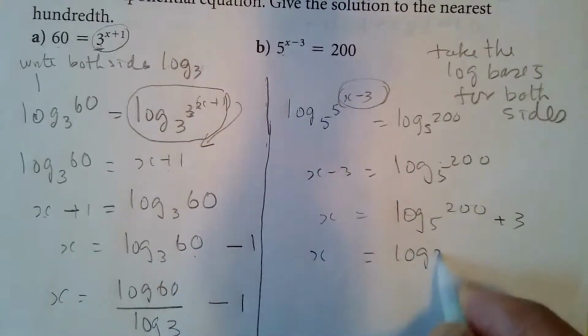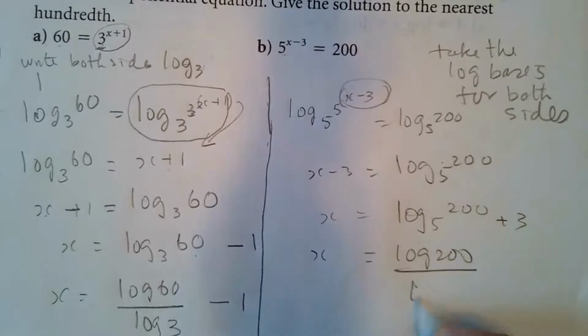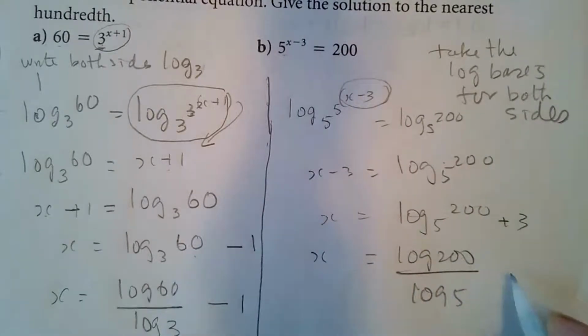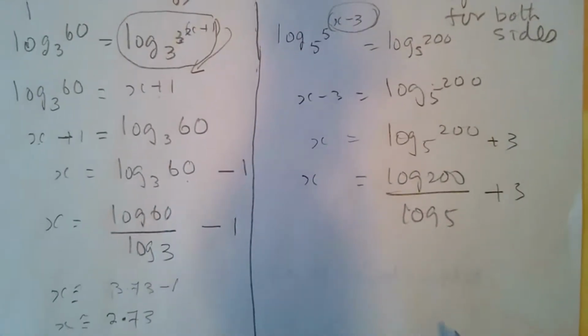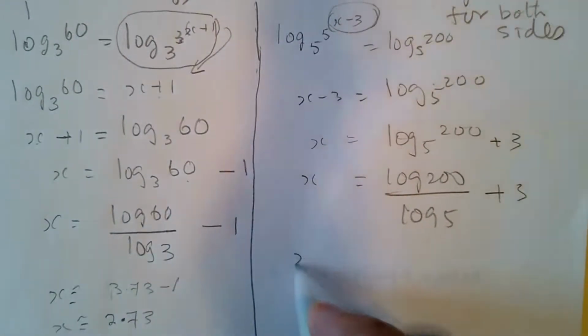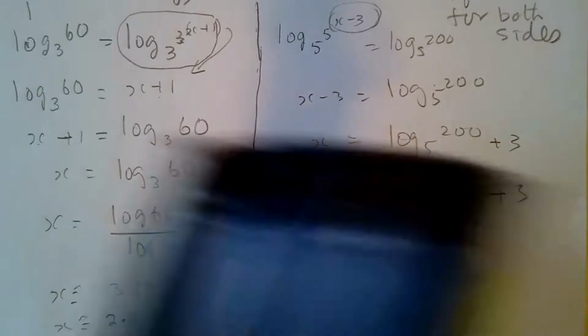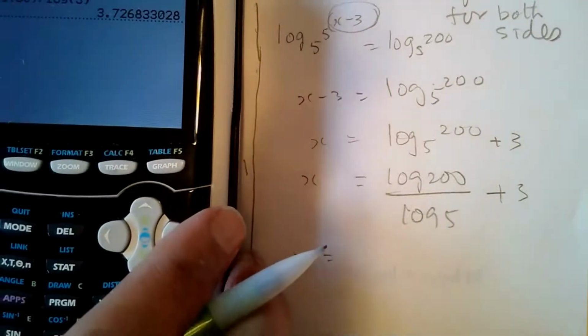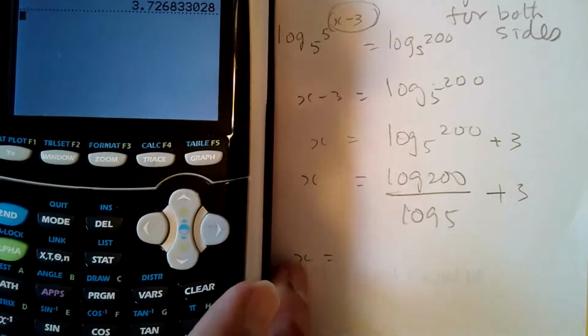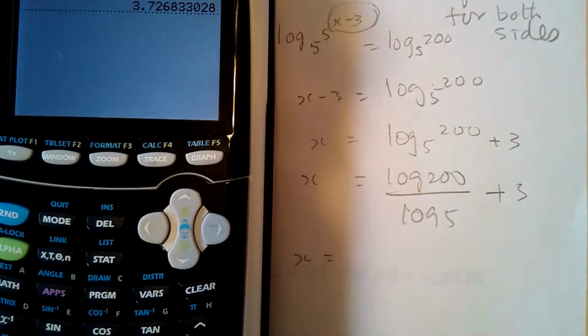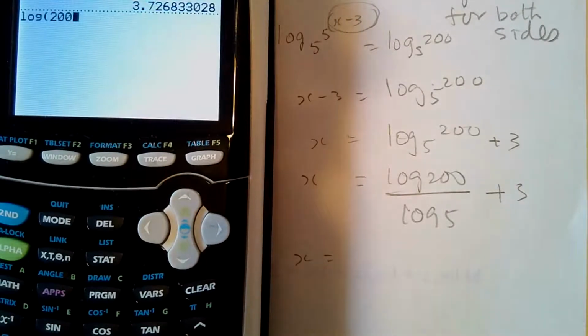So log 200, change of base here: log 200 divided by log 5.